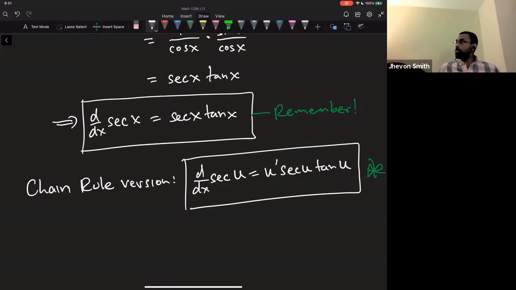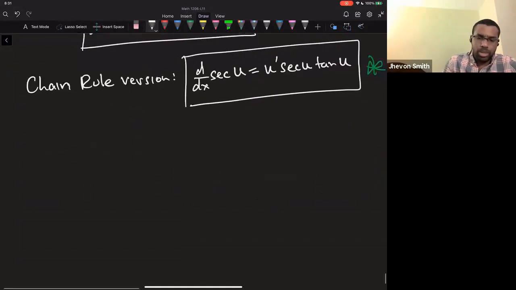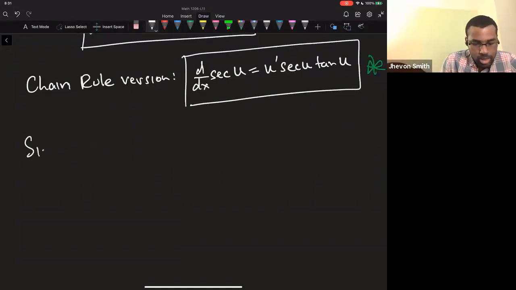So we know the derivatives of 4 of the basic trig functions. The other 2 I'm not going to derive, I'm just going to tell you what the answers are.